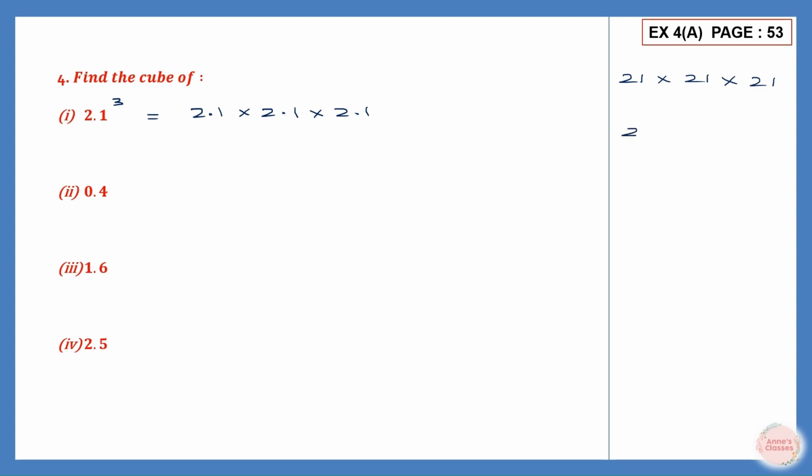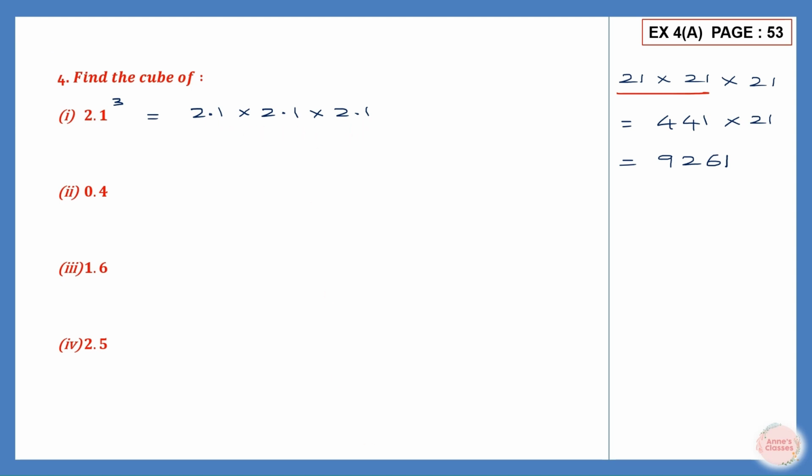First we multiply 21 into 21, the first two numbers. When you multiply that, you get 441. Now you multiply it with the third one. So we get 9,261.